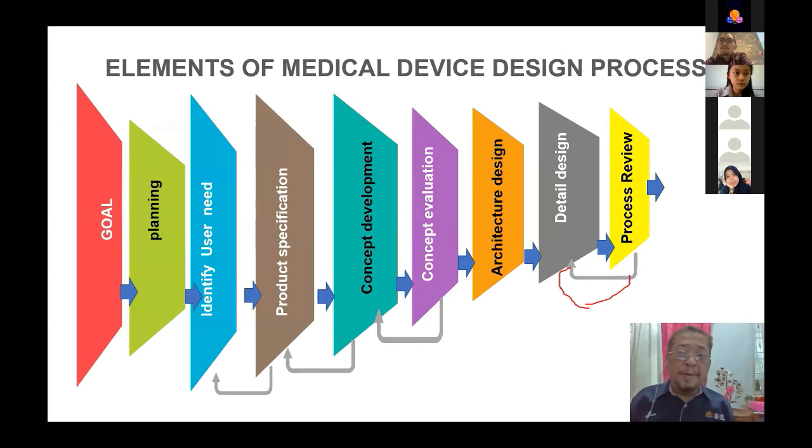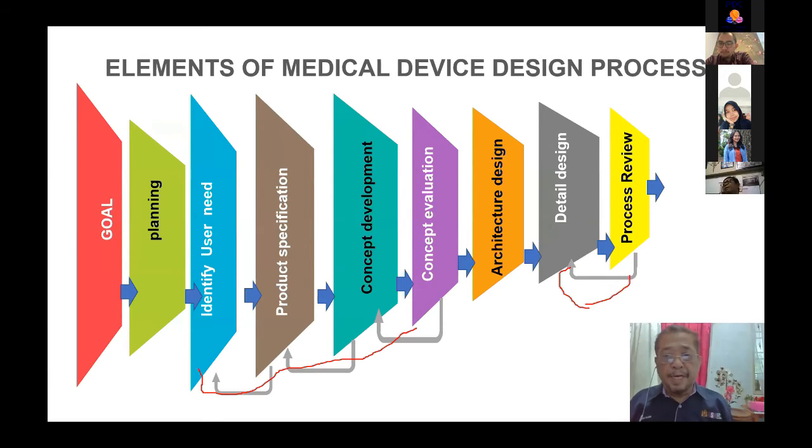If you look before, you have also a feedback between the concept evaluation and concept development. So if, when you evaluate, you find out something is amiss, then you look back at the concept development. And everything in that picture goes from here. So there is a loop system in the design process.